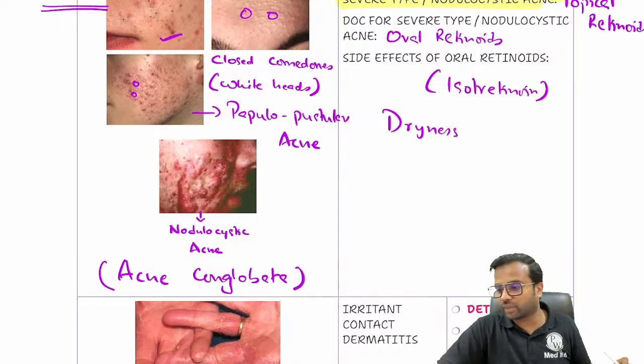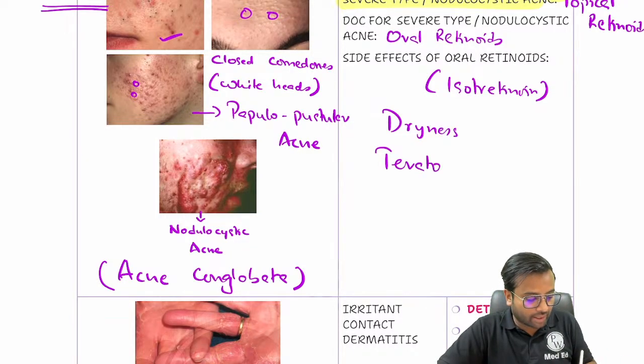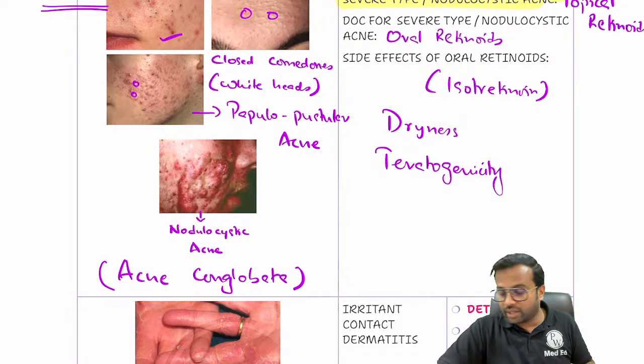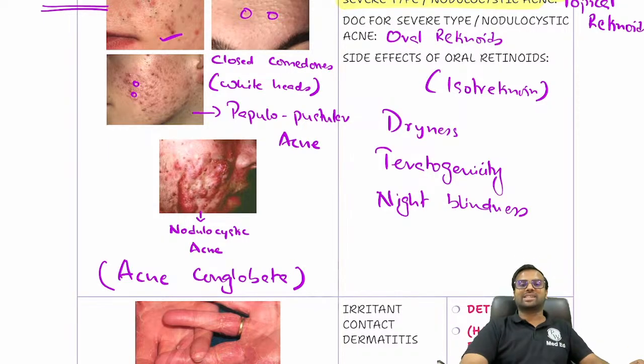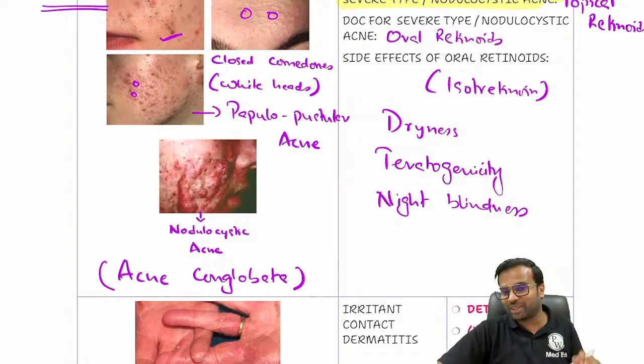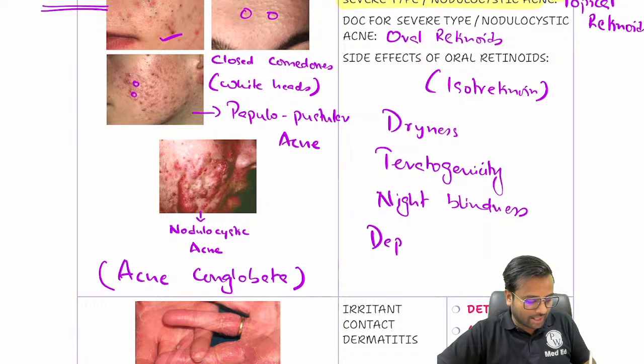Dryness is one. That is the most common. Harsh is saying teratogenicity. I agree. Teratogenicity is another one. Night blindness, excellent. Feels so good to just see the chat box and just write down all the answers. It shows that your preparations were going very well and fine. Depression, excellent. Depression.